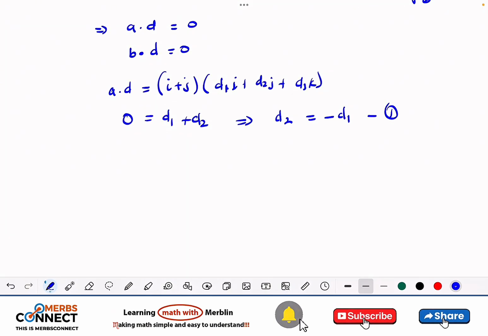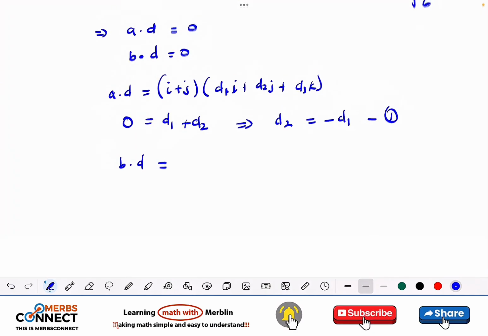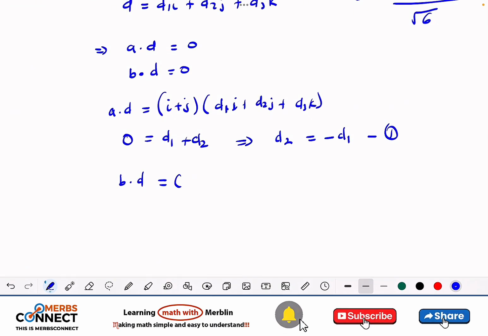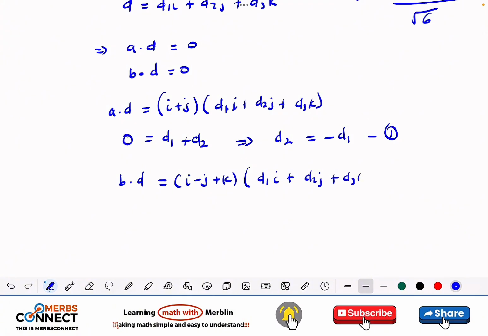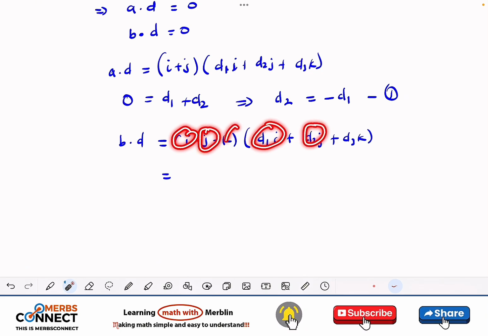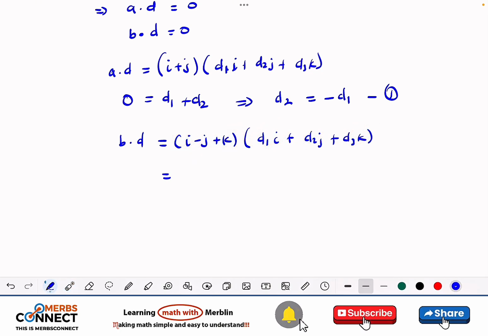Then I move to B dot D. What is B? B is ijk. So we have I minus j plus k times D1i plus D2j plus D3k. So we are going to have this times this, and this times that. So we are going to have D1 minus D2 plus D3.